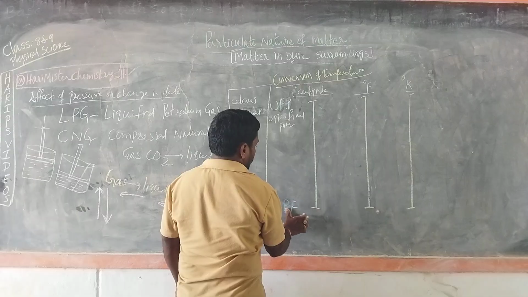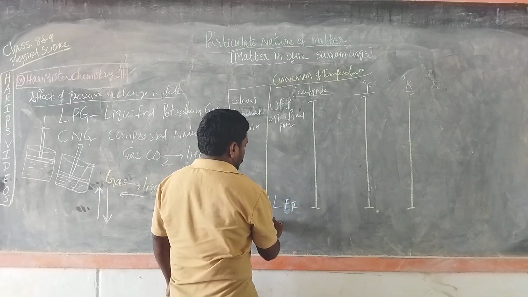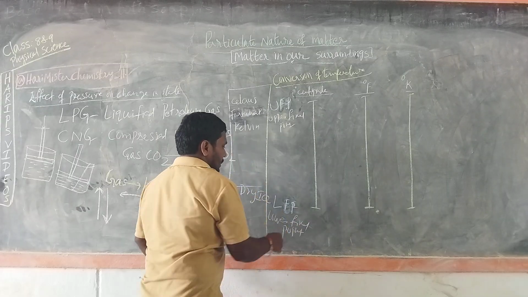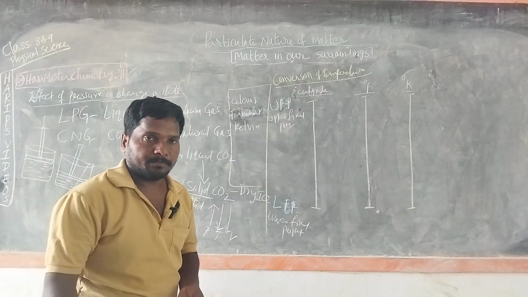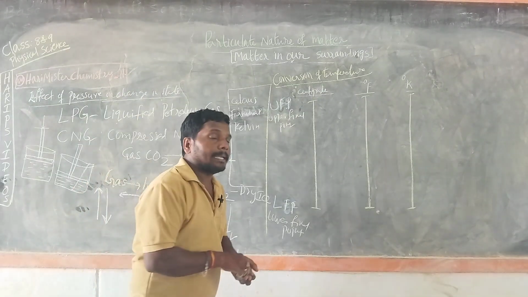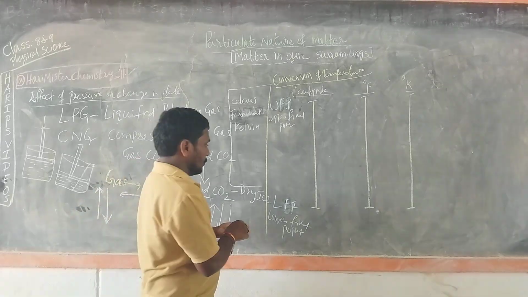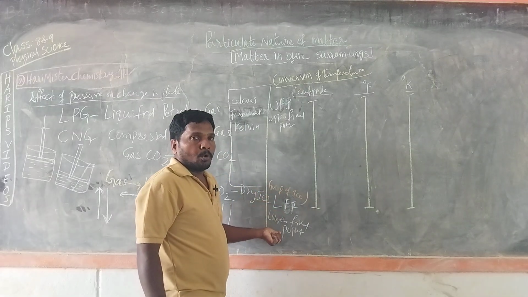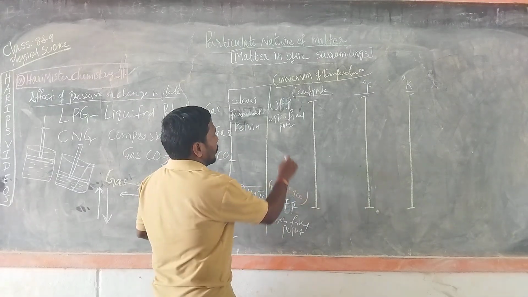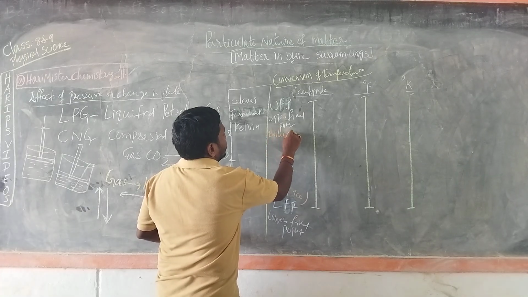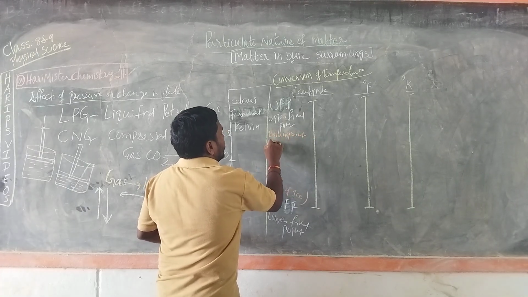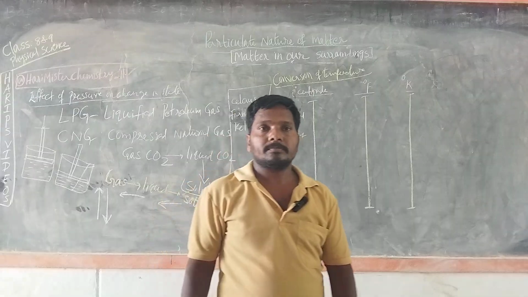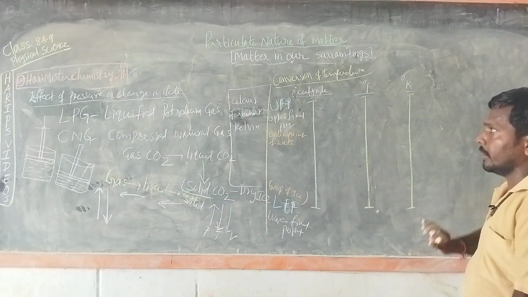Generally the lower fixed point is the melting point of ice, and the boiling point of water is taken as the upper or highest fixed point.